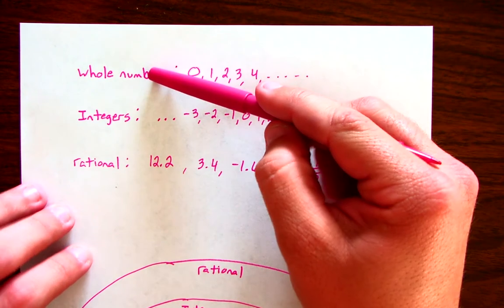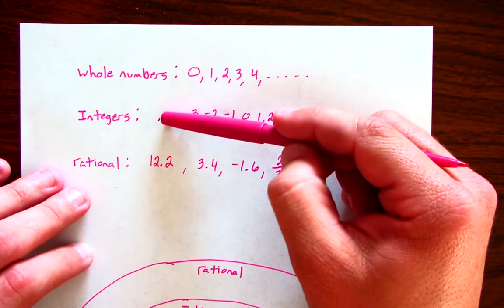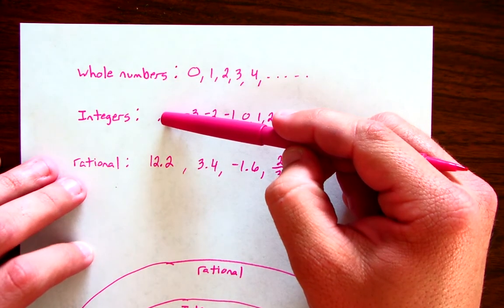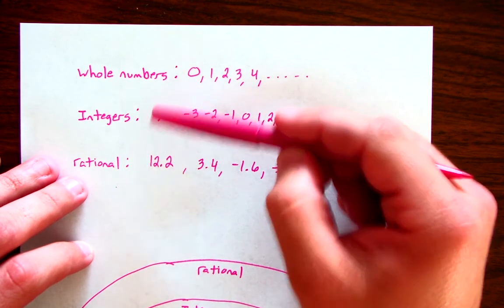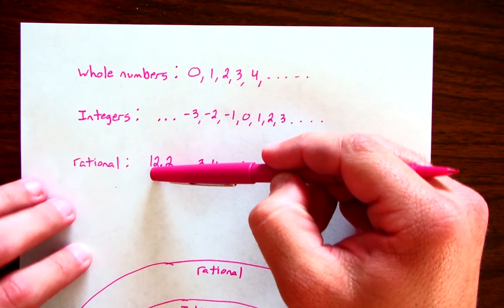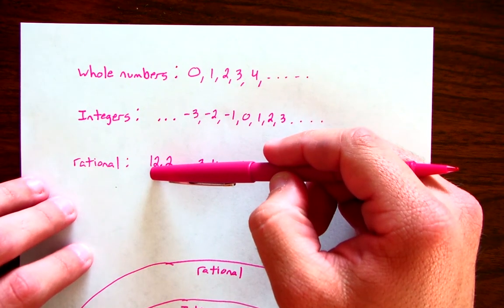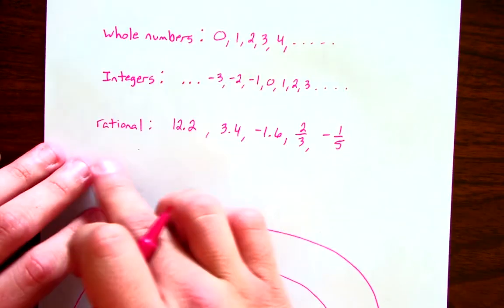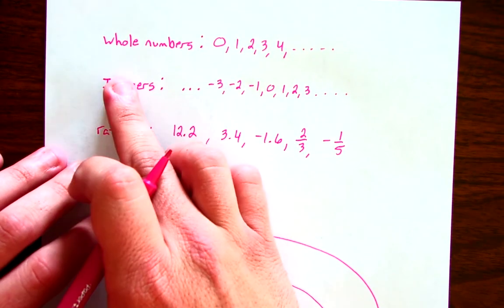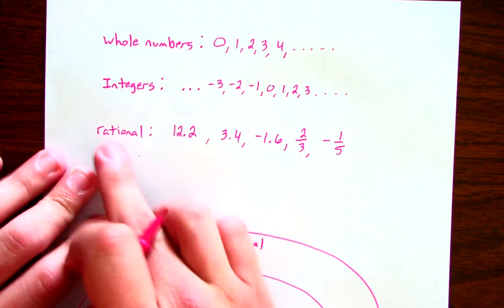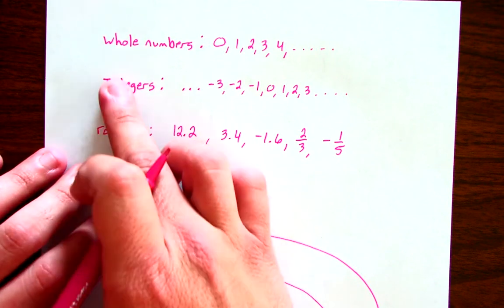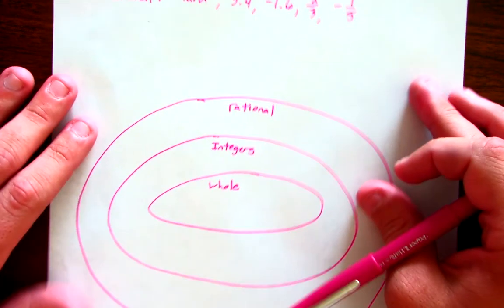Now we just set up here that all whole numbers are integers, and all integers are also rational numbers. So are all rational numbers integers? No, you cannot work backwards. So let's do a few examples here.